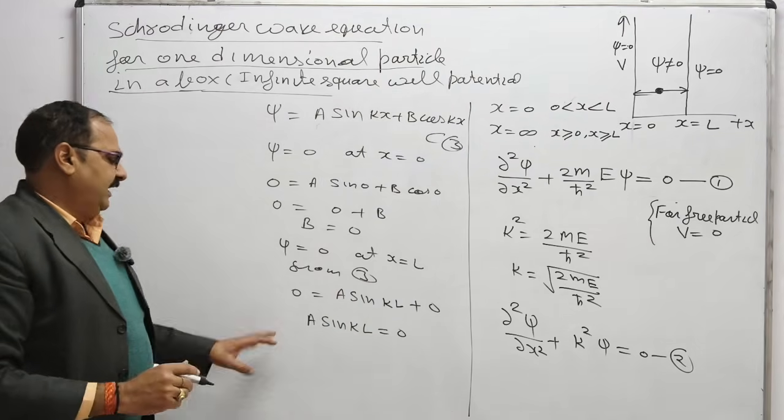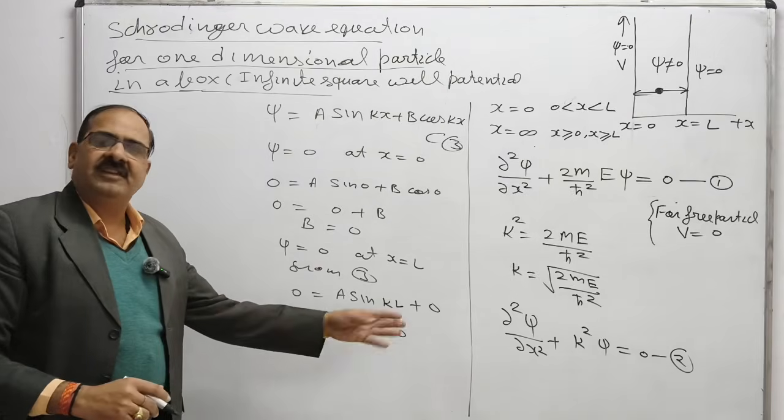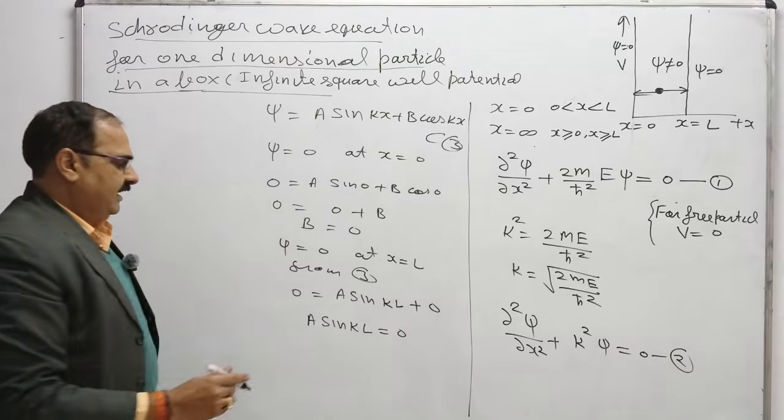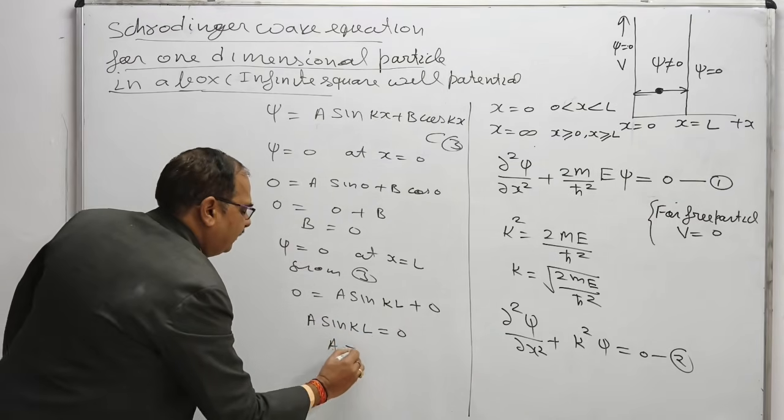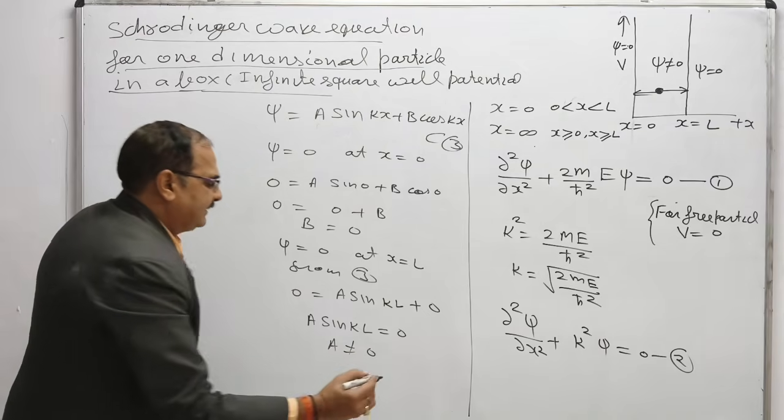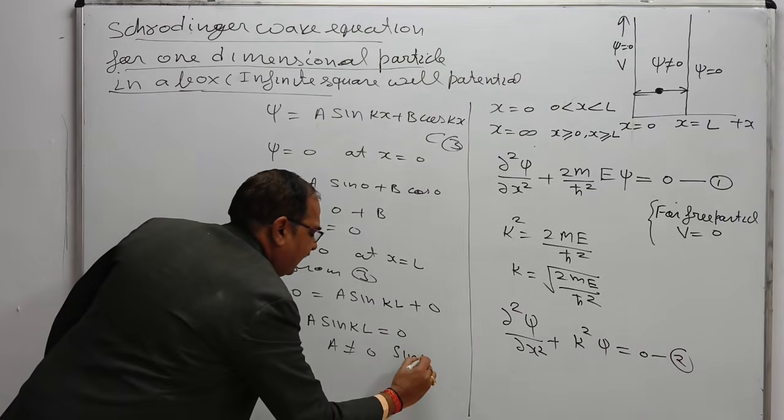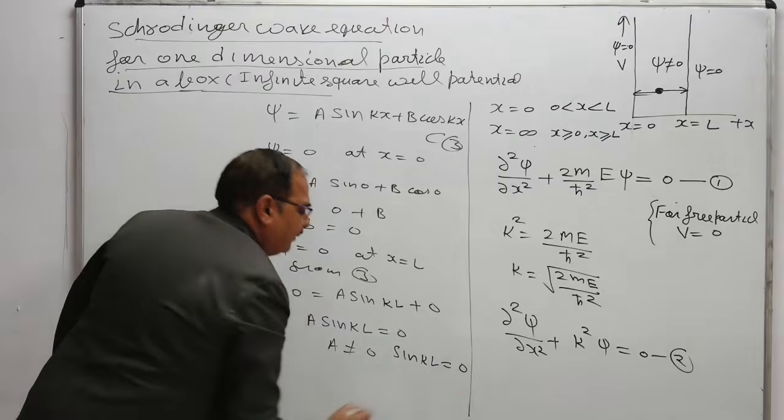It means A sin kL is equal to 0. It means A does not equal 0, then sin kL is equal to 0.